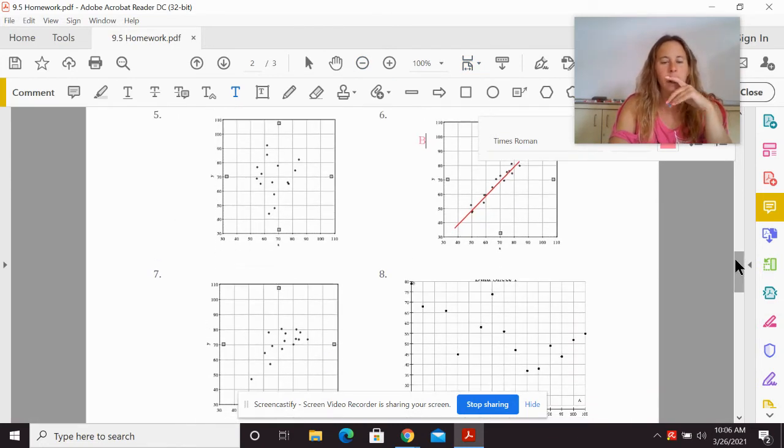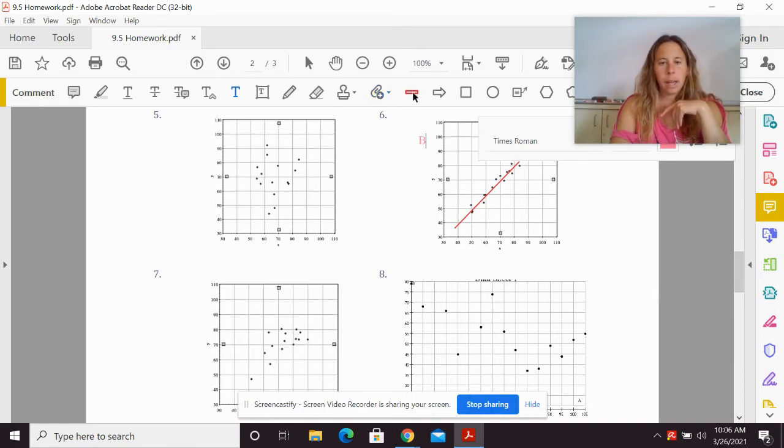Okay, so 5 and 7. Which one has a stronger relationship? Which one is closer to being a line, 5 or 7? 7, right? They're closer to being an actual line. 5 is a little scattery. So 7 is also positive, right? As one increases, generally so does the other.